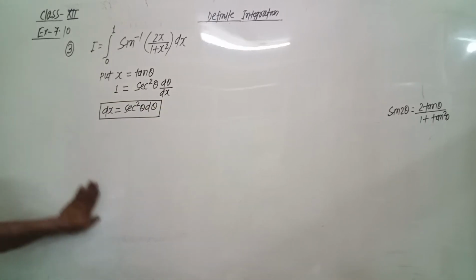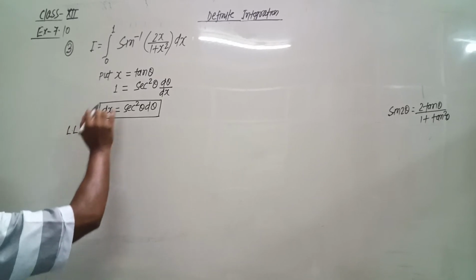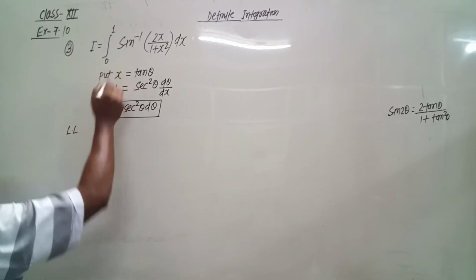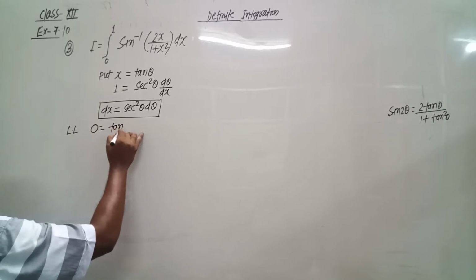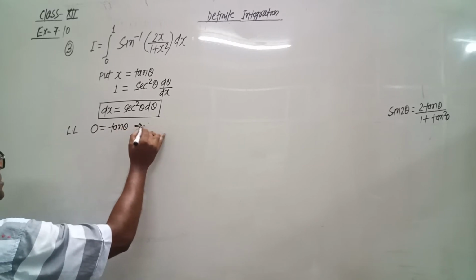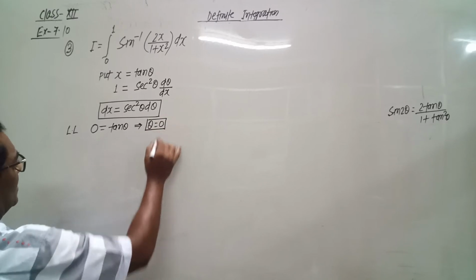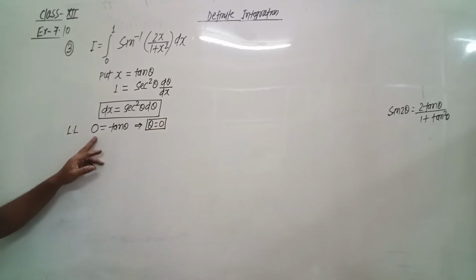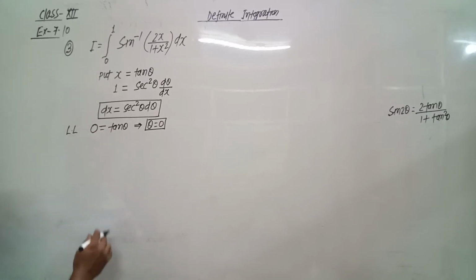Now we change the limit. For the lower limit, we put the value of x equals to 0. So 0 equals to tan theta, means theta equals to 0, because this 0 can be written as tan 0, and tan cancels, and we get theta equals to 0.